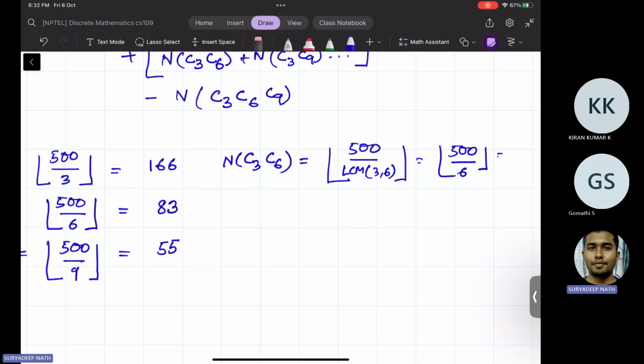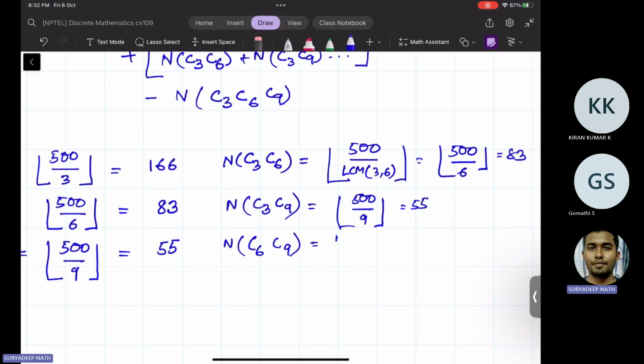So that is 83 again. For 3 and 9, the LCM of 3 and 9 is 9, so it is 500 by 9, 55.